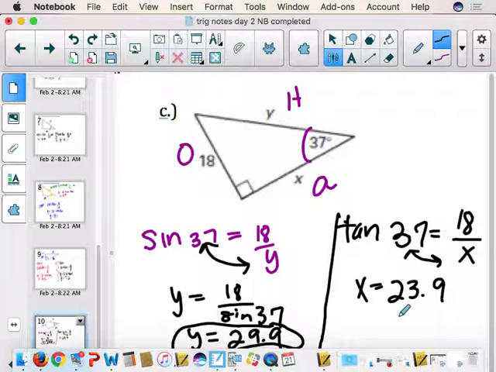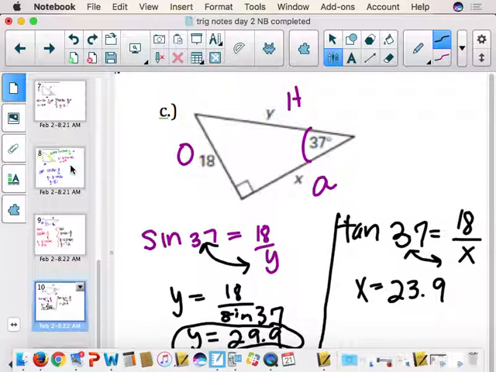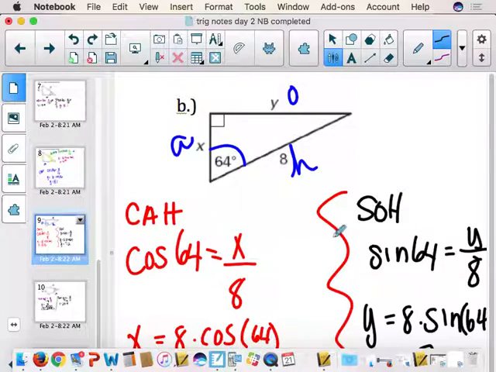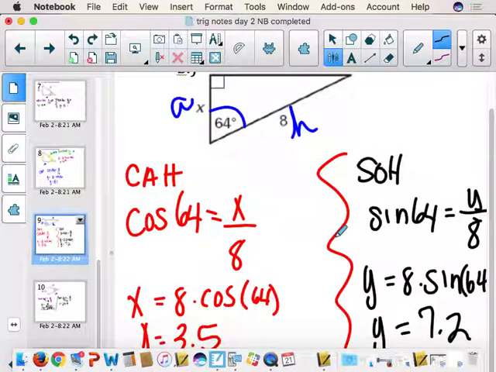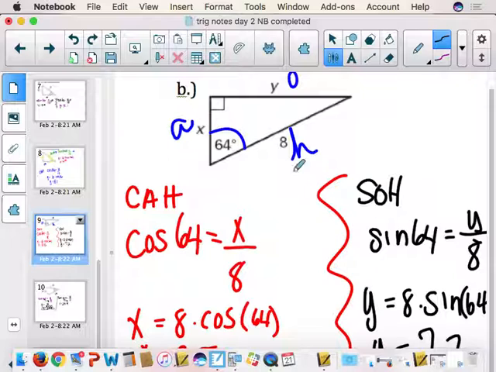All right, let's go ahead and see how you did here. Go ahead and double check that you labeled those sides correctly. 8 was your hypotenuse, y was your opposite, x then is your adjacent.